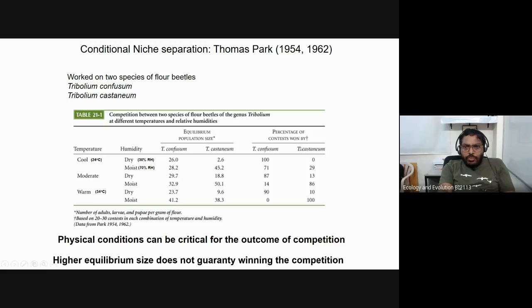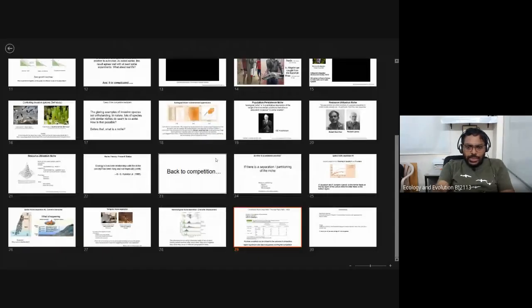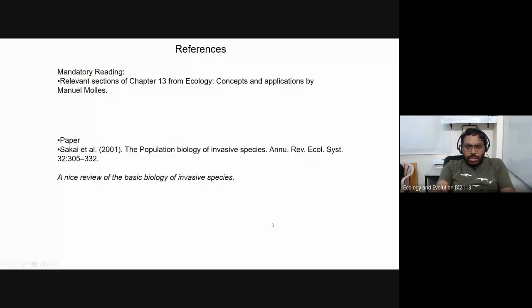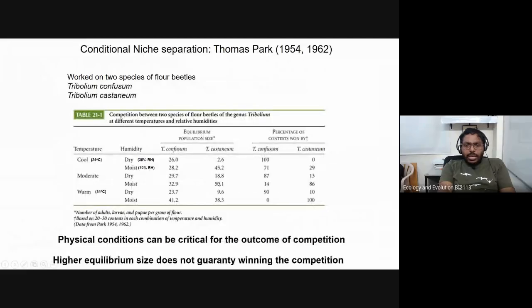And if you look at these values, if you look at the K values, remember the idea was that in general, whichever species has a higher K is going to win. And that's obviously assuming that their alphas are pretty close to each other. But if you look at it, that thing doesn't hold all the time.